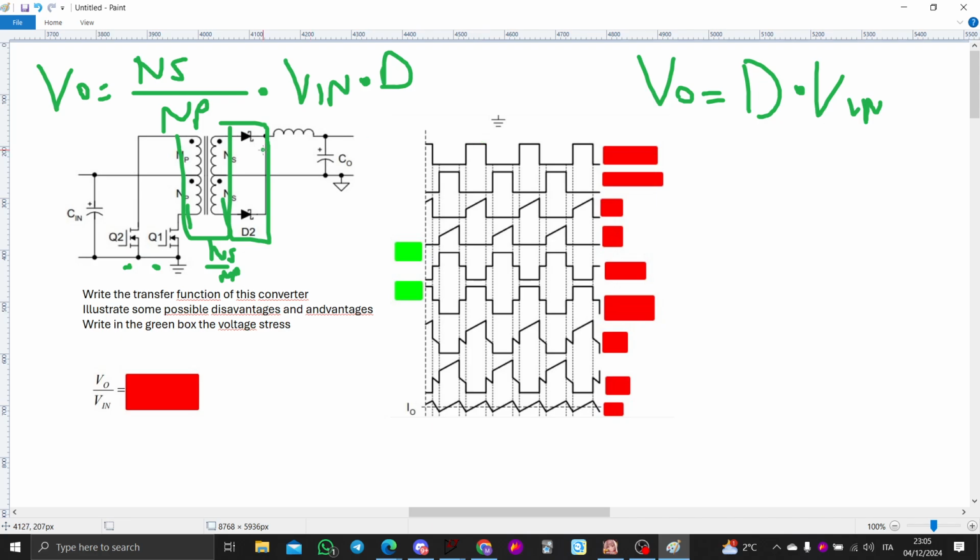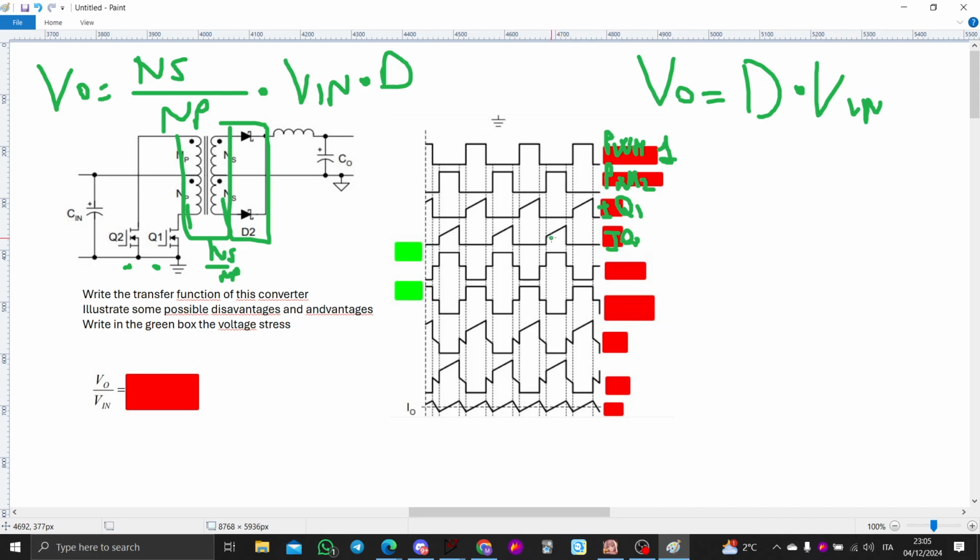If it is a buck in a synchronous configuration, well, this is the PWM1 and PWM2, and of course these are the switches Q1 and Q2. Let me reason for a moment. I think that this is Q1, IQ1, and IQ2, because of course this is the gate.